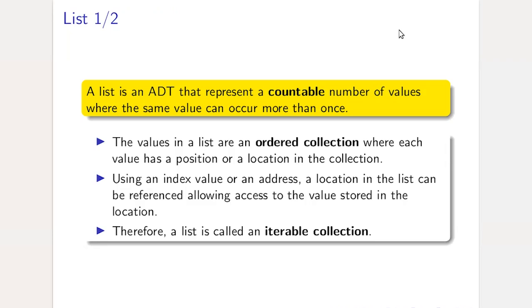Iterate means we can go through the collection by referring to the item's position. So we don't have to know what the value is. We only need to know its location. So by referring to the location, we can get all the values that are in the collection.